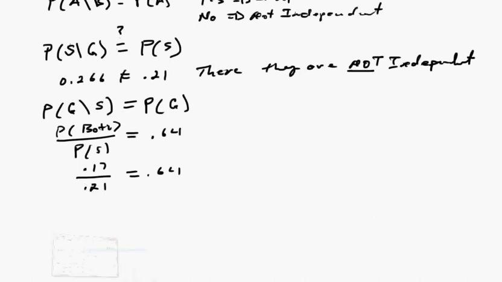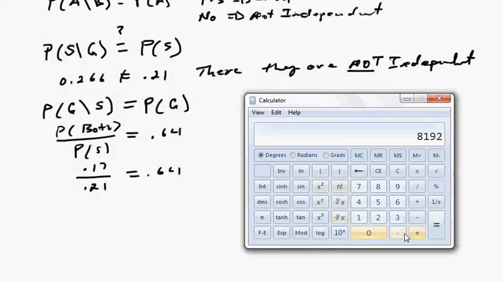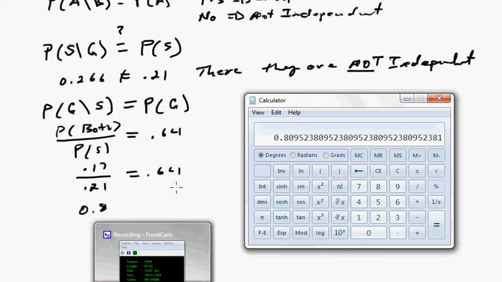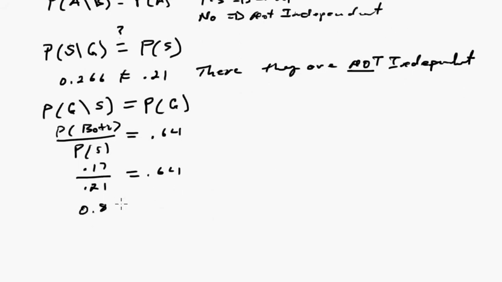I haven't done that, so let's do it real quick. 0.17 divided by 0.21 equals approximately 0.809.